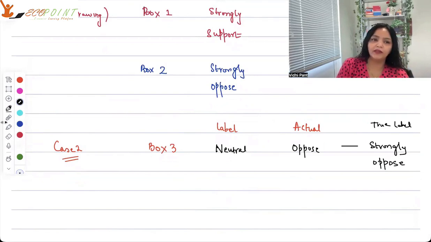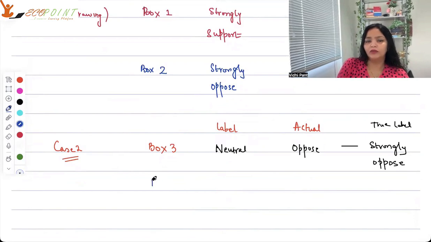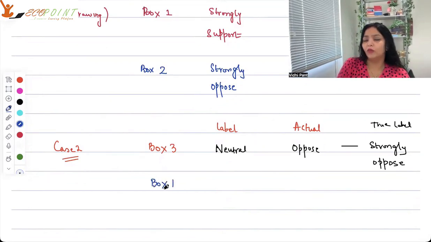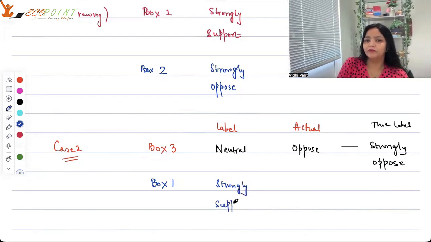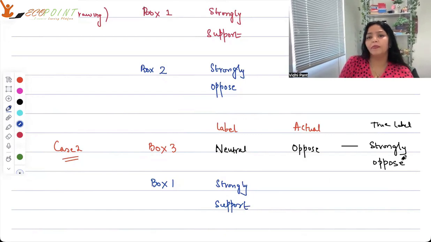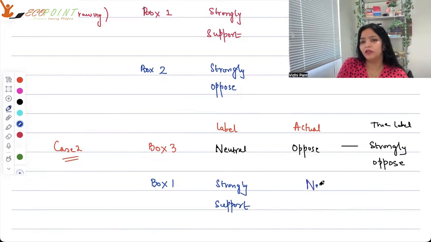In that scenario, now you will consider box 1. Box 1 is strongly support, which has to be wrong. But since strongly oppose is box 3, the actual one here should be neutral.